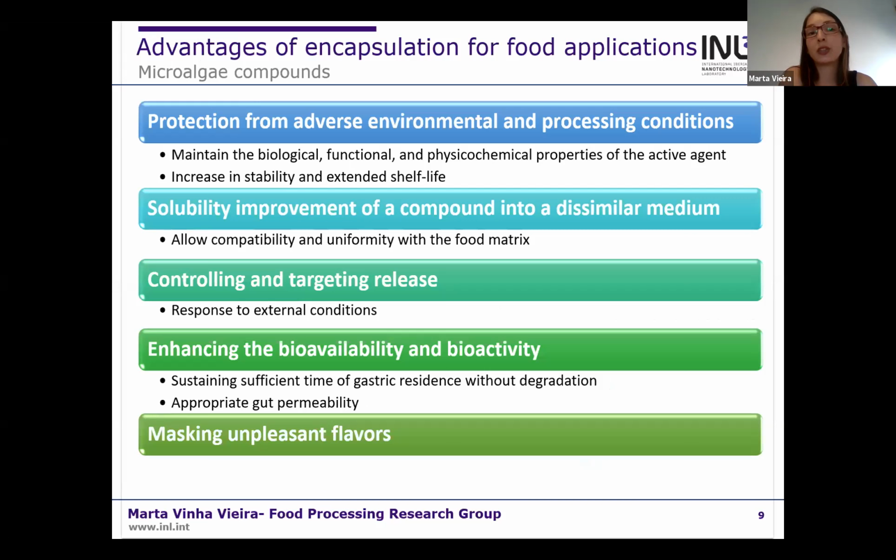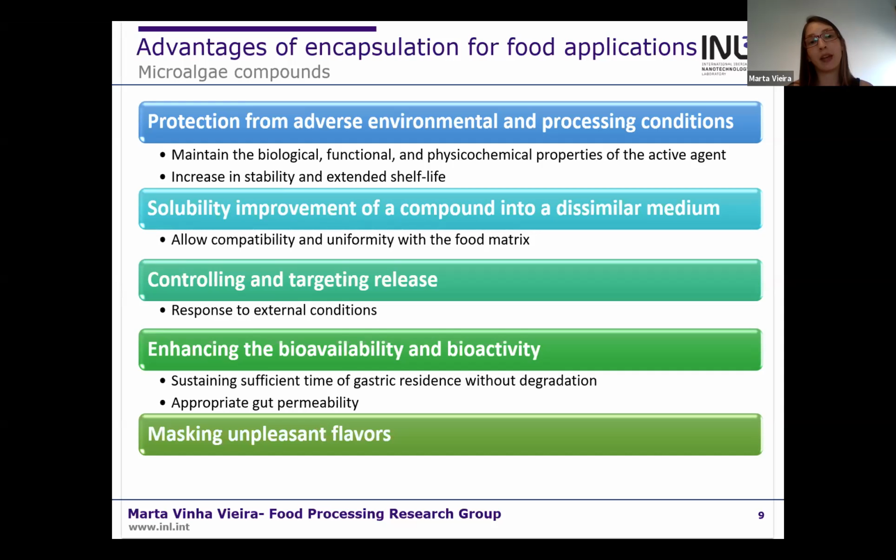So encapsulation has several advantages when it's related to food applications. When we're talking about microalgae compounds, as I have mentioned, many of them are very unstable. And encapsulation, with this coating layer, is able to protect the bioactive from adverse environmental and processing conditions, like baking or frying, or even during the storage process.